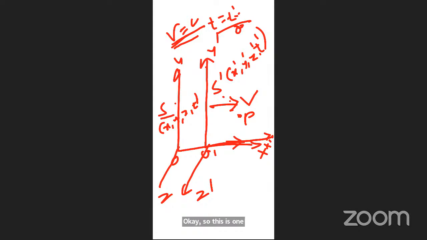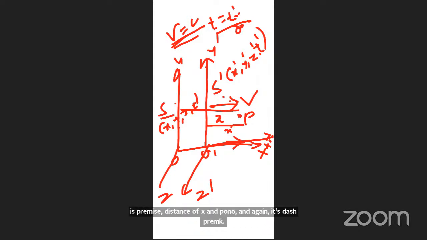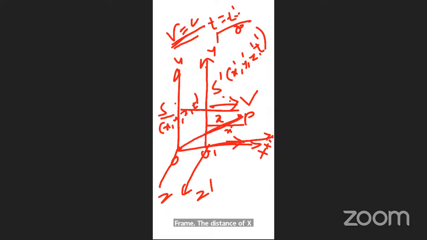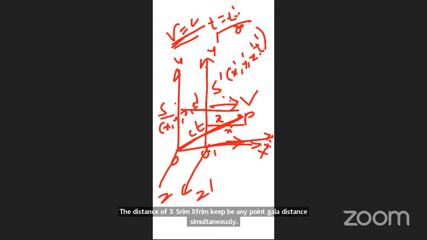And again, after t seconds, let the distance of point P in the S frame be x, and in the S dash frame be x dash. Similarly, after t seconds, the distance is ct, with light velocity c and time t.